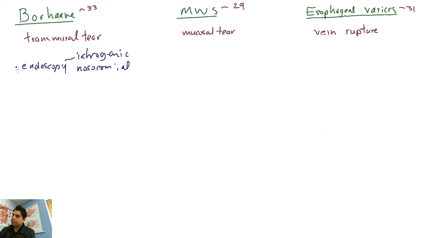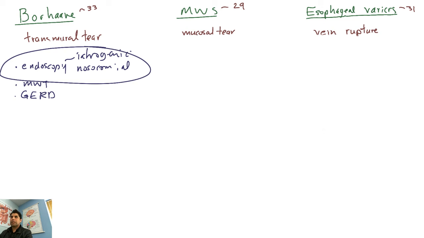Endoscopy. Now, Mallory-Weiss tear could also lead to Boerhaave. Sometimes it can get worse. GERD could put you at risk. There are many causes, but this is by far the most common. You're smart enough: anything that leads to weakness of the esophageal wall puts you at risk of rupture.